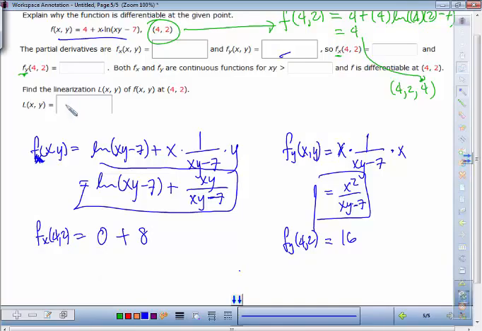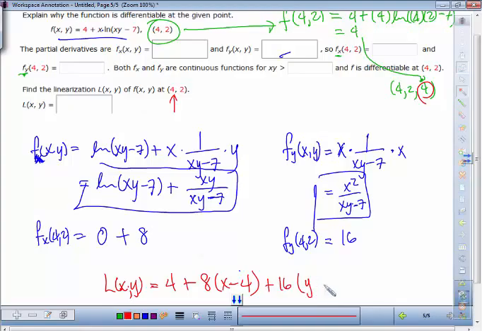So your linearization L is equal to the z component first, and then now the fx, which is 8, times x minus 4, x naught is equal to 4, plus fy, which is 16, times y minus y naught.